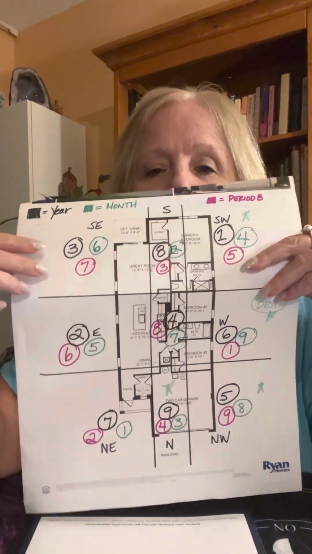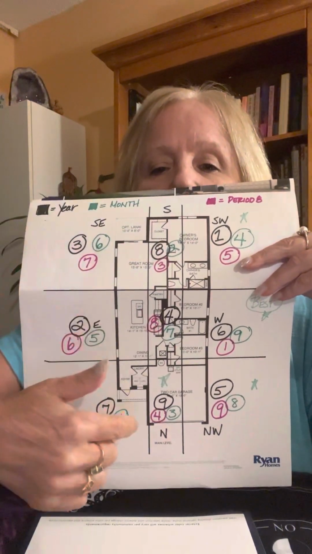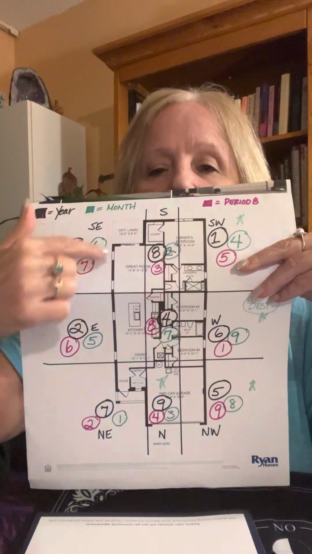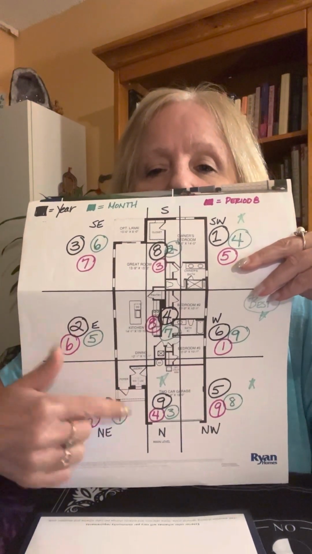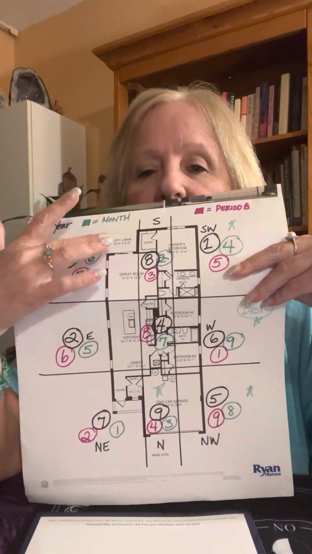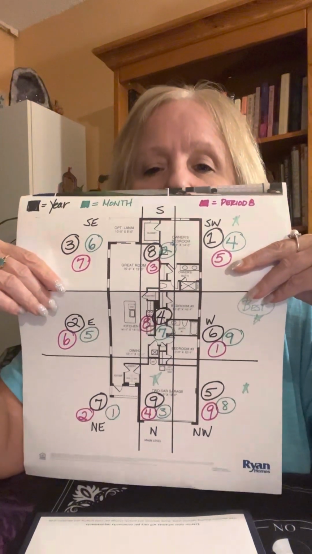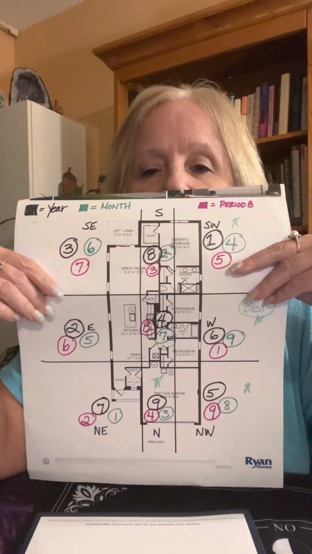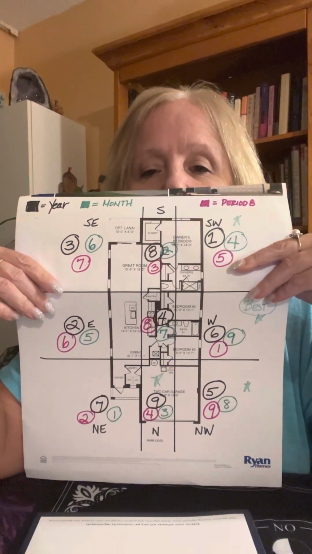Now, I will say that the perfect is having a complete square, okay? So when we are missing areas here and here, because it doesn't complete the square, those are considered missing areas in Feng Shui, and those are treated a little differently with different cures.